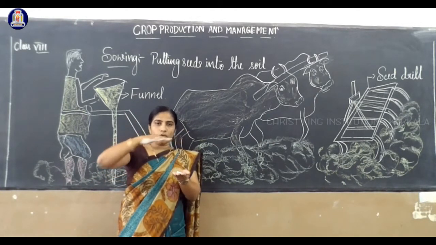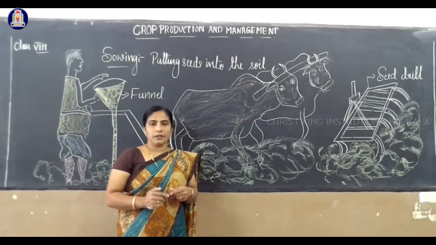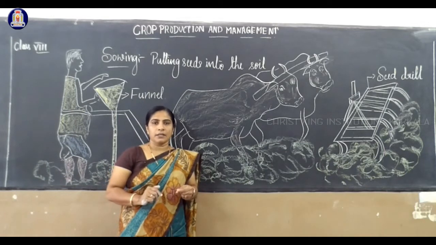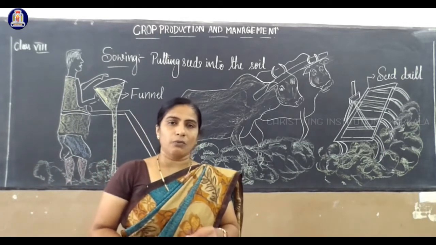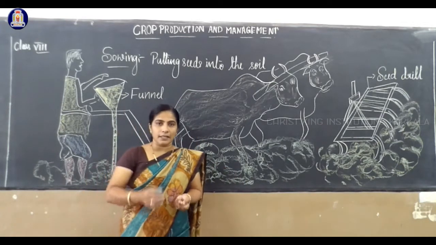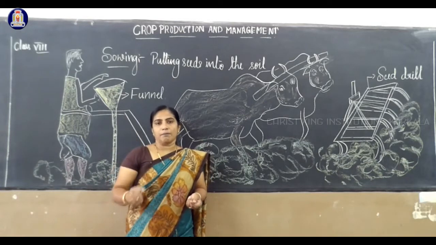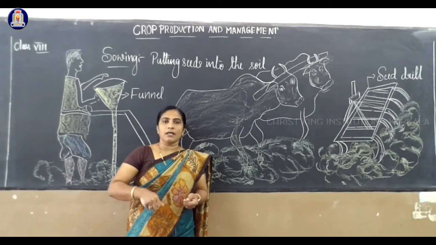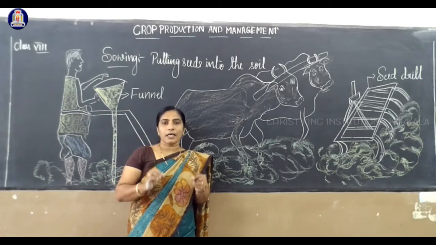Some seeds will float on the water, some will sink. Which one is better? As a human being, not only a farmer, we also can select a good seed. What is the method? Take a beaker, add a handful of any pulses or wheat, shake very well with the water and observe after 5 or 6 minutes.